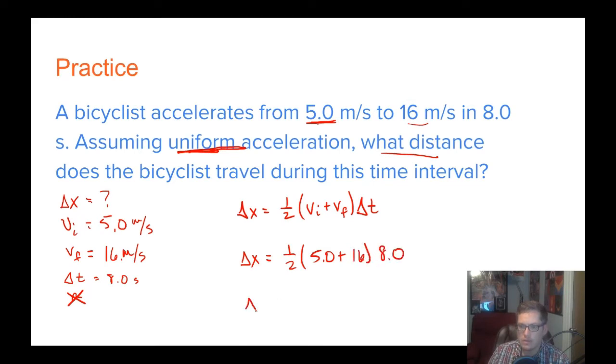We plug this all into our calculator: 5 plus 16 times 4 is equal to 69. Now what are our units going to be? Well, we could work through and make sure all our units cancel, or we could just assume that delta x is a distance, and this was in meters, so therefore our distance is going to be in meters. So our bicyclist traveled 69 meters.